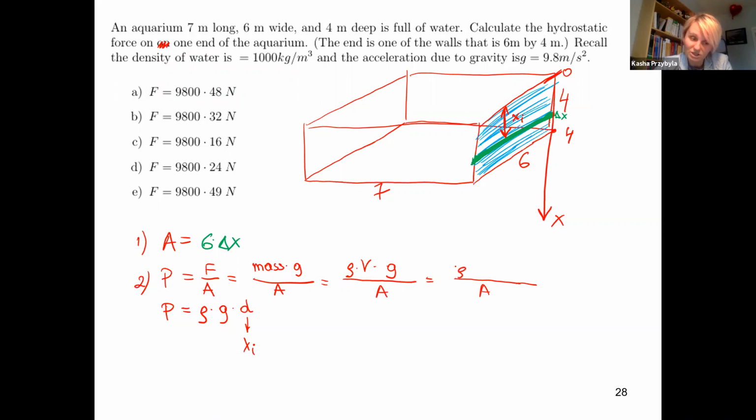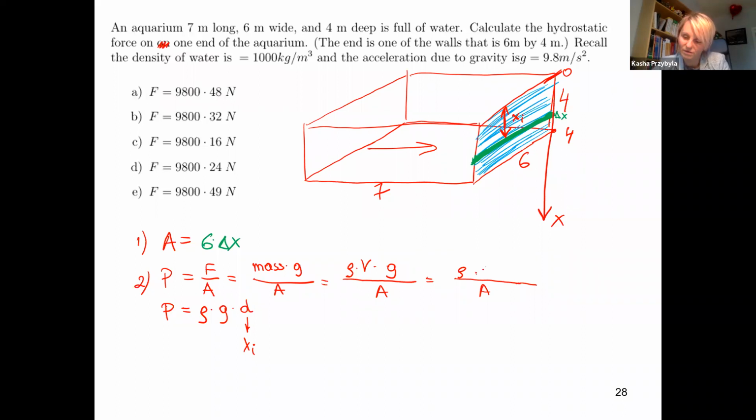The volume is the volume of that slice of water, so we need the area of this green slice times the depth.